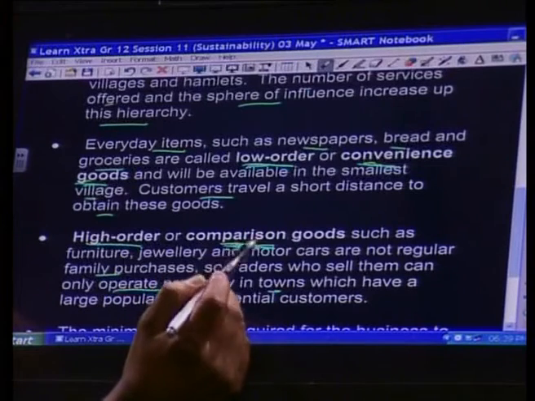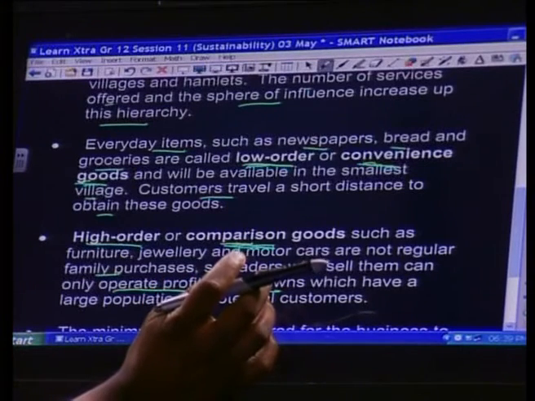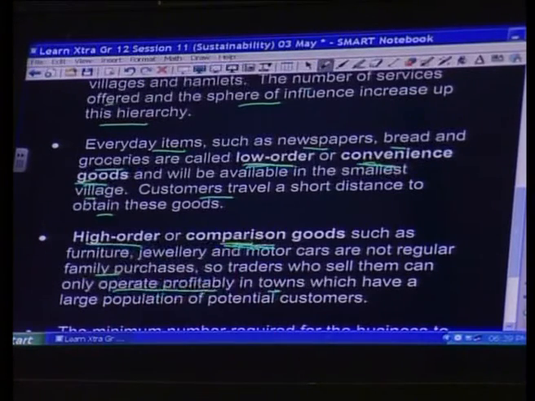What is also important when we're referring to comparison goods is the freedom of obtaining these goods, your ability to compare different types of high order goods. If we cannot buy a BMW, I'd rather buy a Mercedes-Benz. Being a high order good, cars need to be compared before being purchased, and these differences are associated with high order goods.